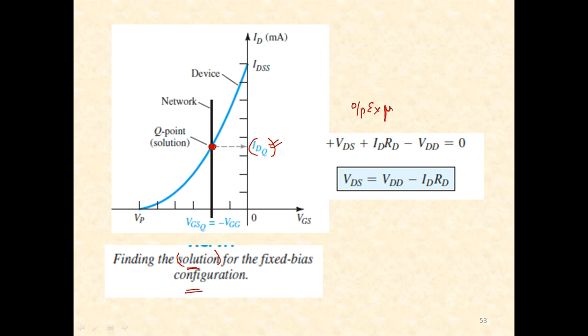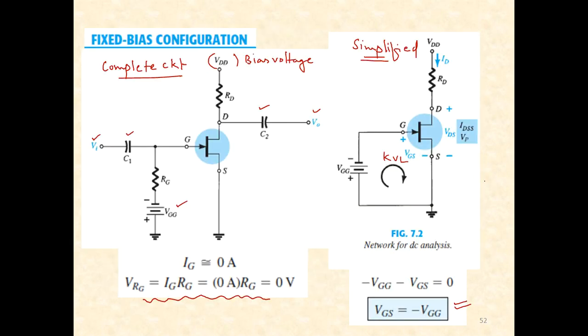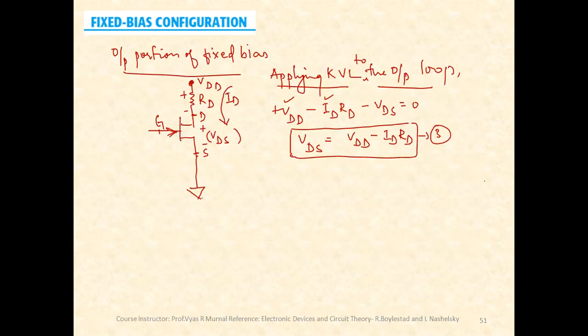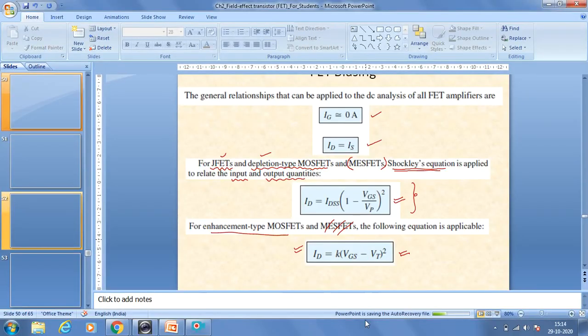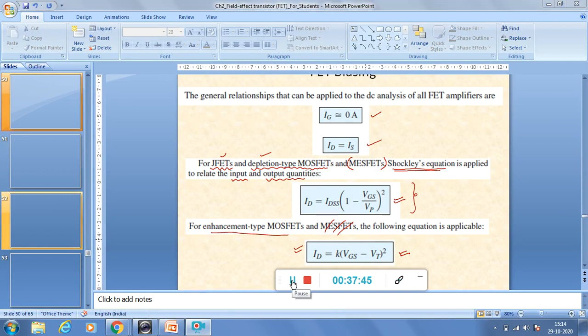Finally, that's the output expression, obtained by applying KVL to the output loop. So that was the first biasing configuration, using DC analysis. If there are any doubts, I will clarify. Students, if there are any doubts, you can ask me.